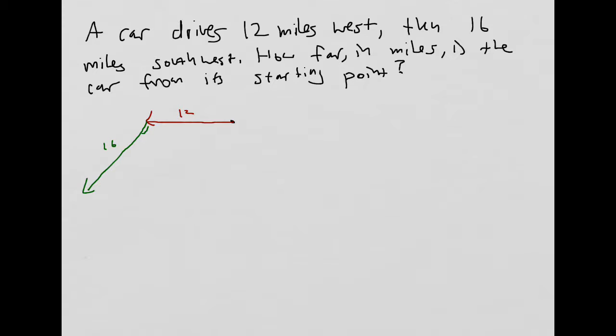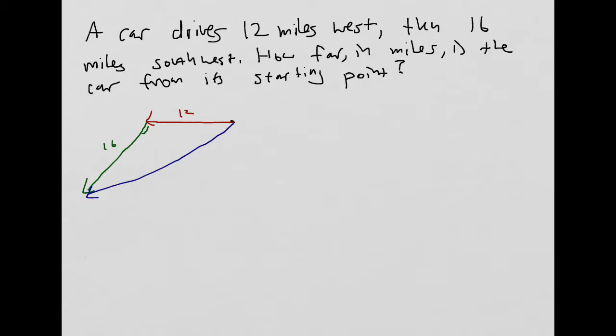So what is the question asking? The question is, what is this distance here? How far is the car from its starting point? One thing you've got to realize is we have three different vectors here, so really what we're doing is vector math.